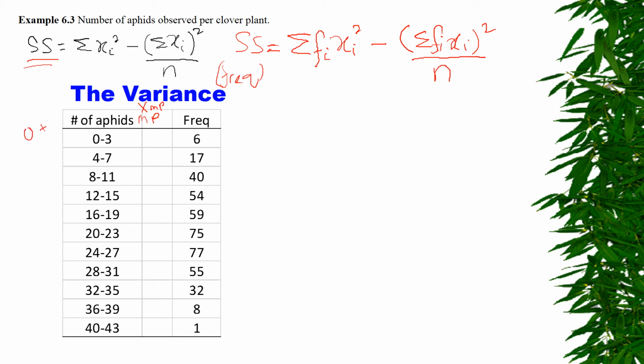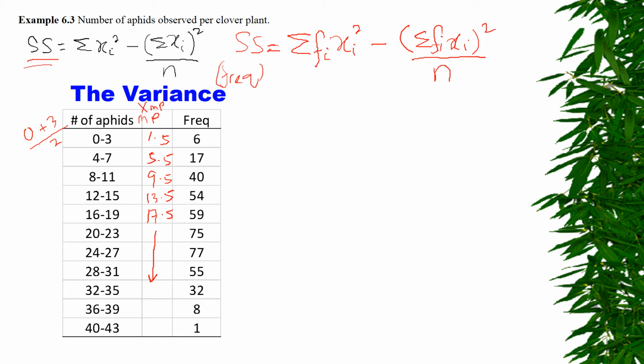Lower plus higher boundaries divided by 2. So this is 1.5, this will be 5.5, this is 9.5, 13.5, so this will be 17.5, and then you can calculate so on and so forth. You can try to pause this video and complete the midpoint values.